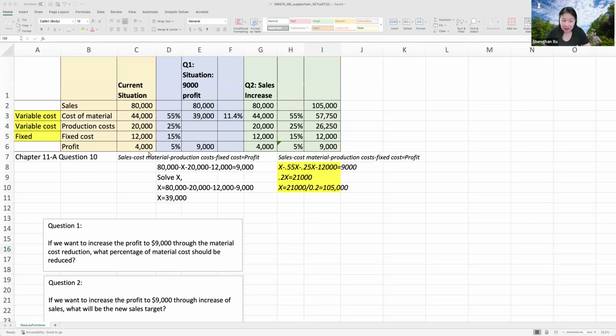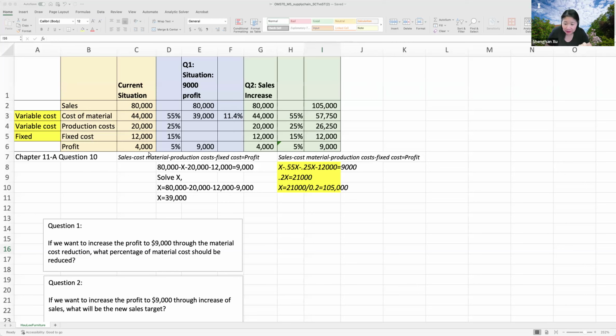And this is what we typically call the variable cost. Variable costs change when the production volume changes. That's easy to understand. When you produce one set of furniture, then you use this amount of raw material, and you produce two, you multiply by a factor of two, right? You produce 1,000, you multiply by a factor of 1,000. So this is the variable cost.